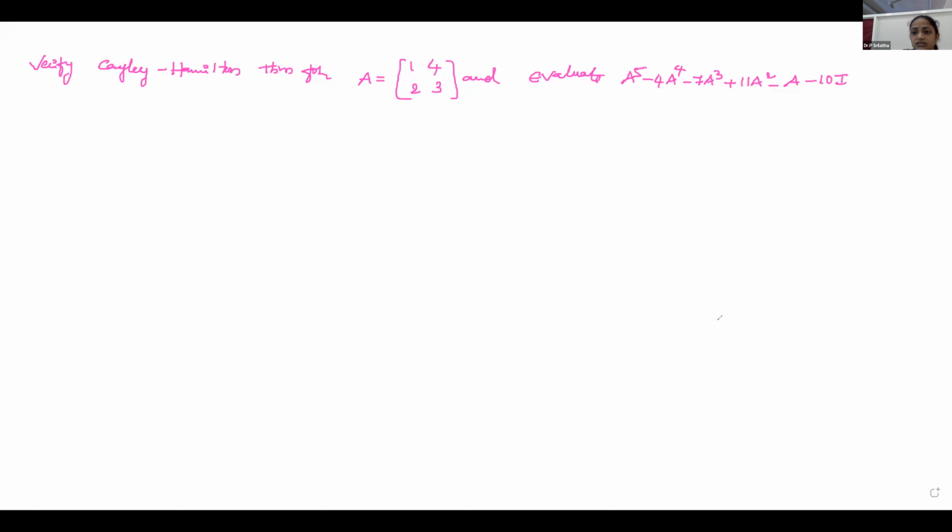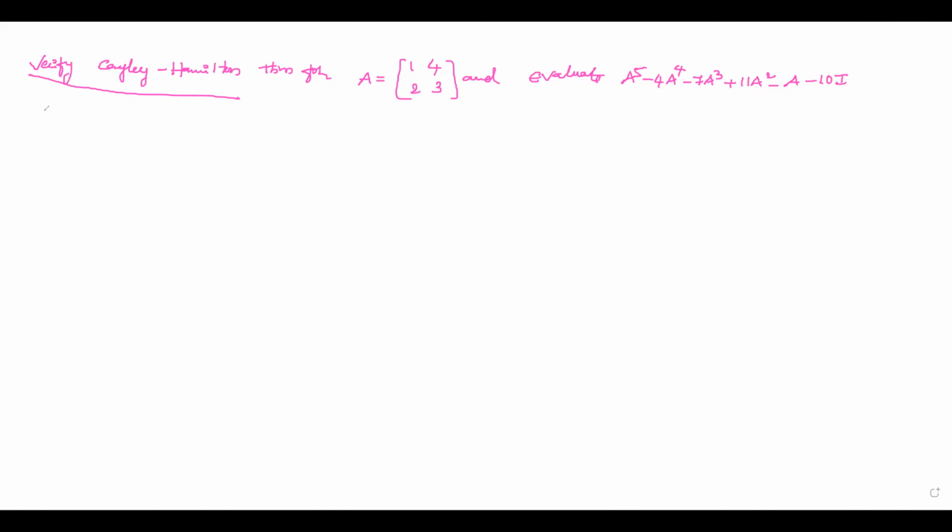So what is our question? First of all, we need to verify the Cayley-Hamilton theorem, right? So how to verify it?